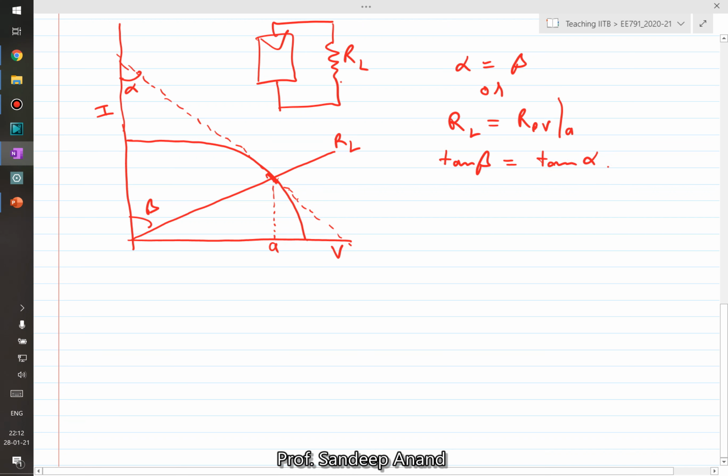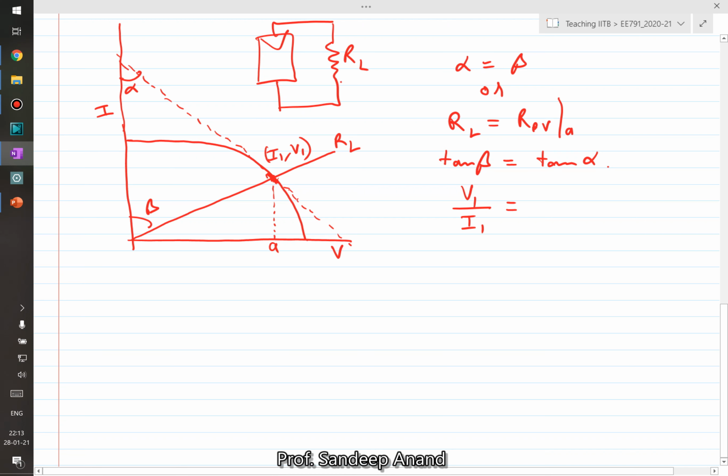What is tan of beta? If I call this point of operation I1 comma V1, then tan of beta is V1 upon I1. What is tan of alpha? Tan of alpha is the slope, and since alpha is less than 90, it has to be a positive value.